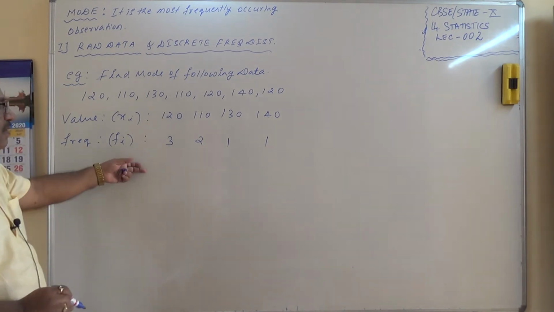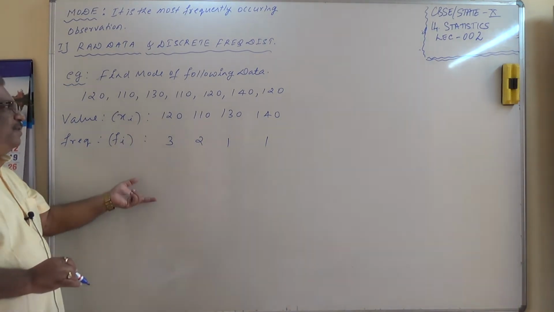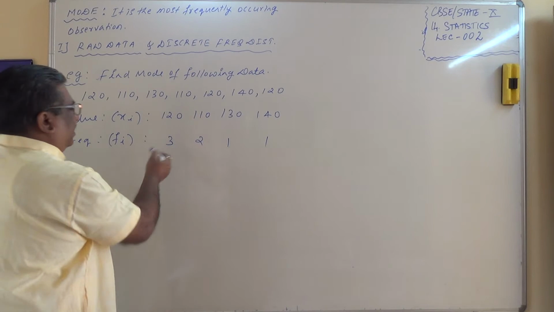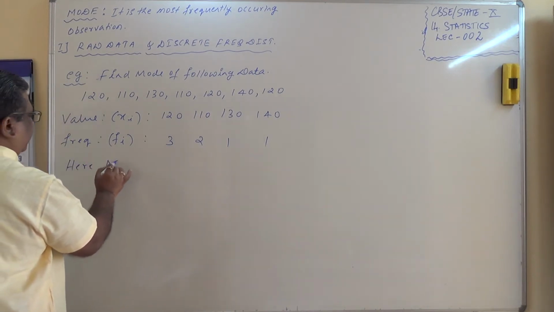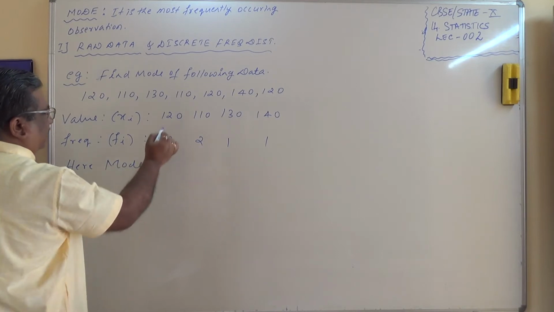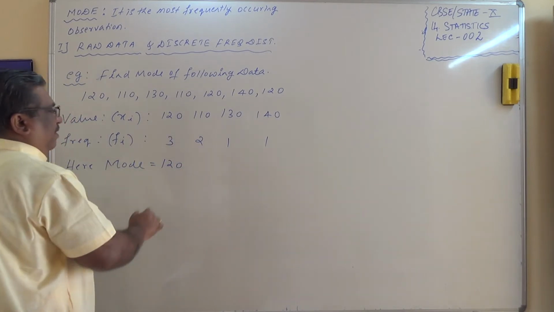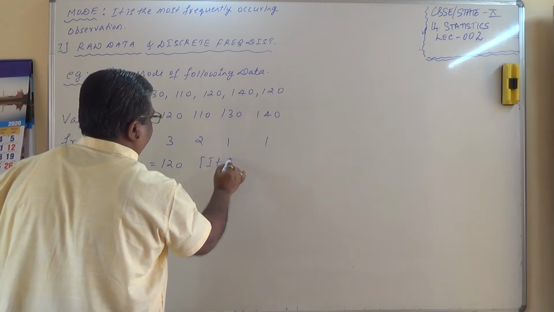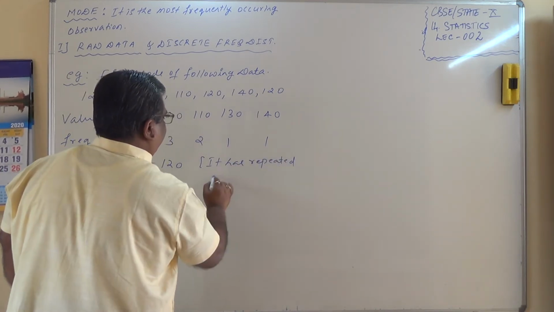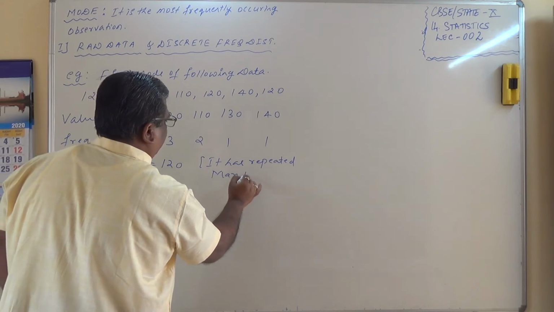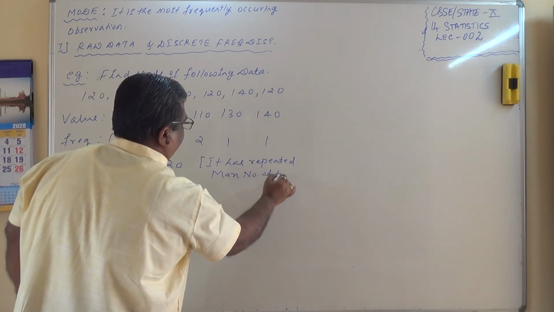Okay. So is it possible to find out which is the most frequently occurring observation here? 120 is repeating 3 times, and therefore here the mode is 120, because it has repeated the maximum number of times.